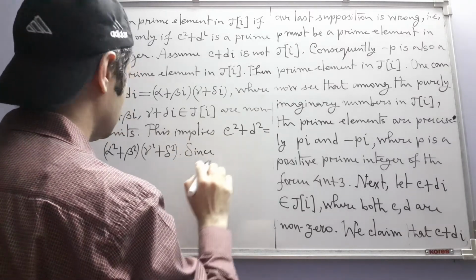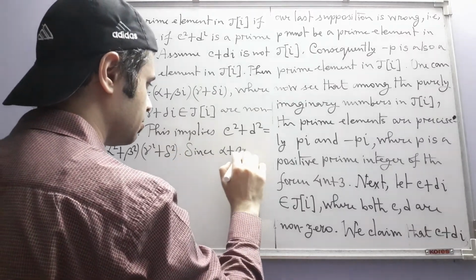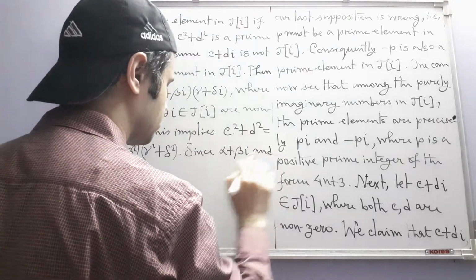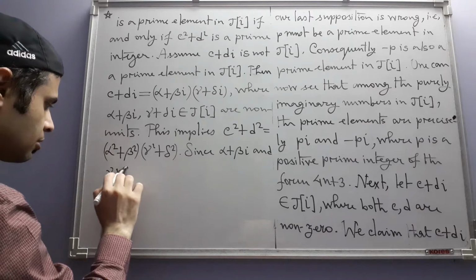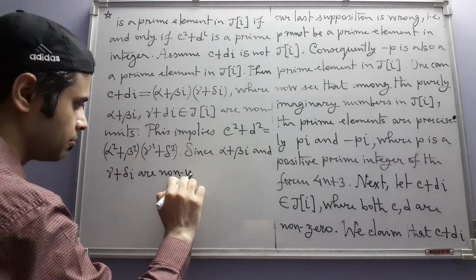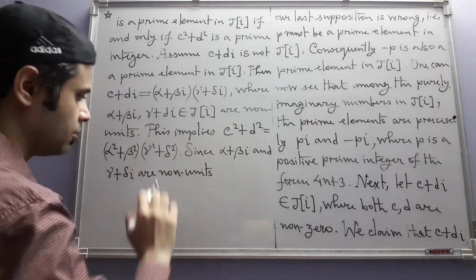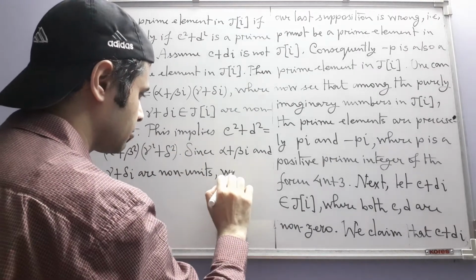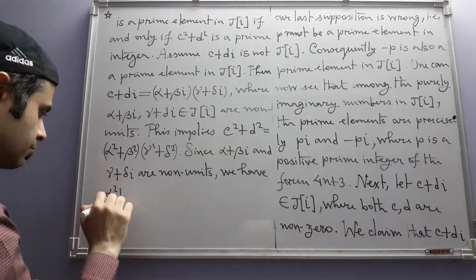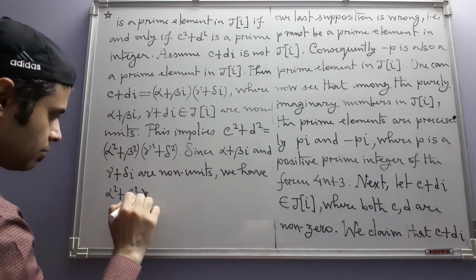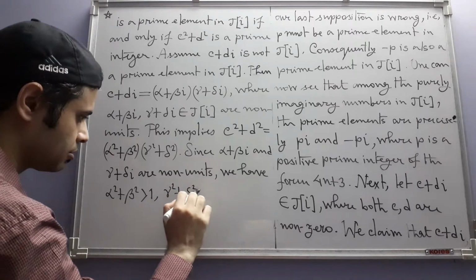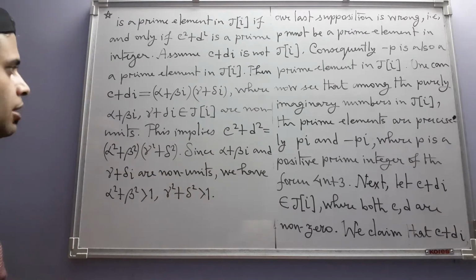Since alpha plus beta I and gamma plus delta I are non-units, we have both of these positive integers greater than 1.